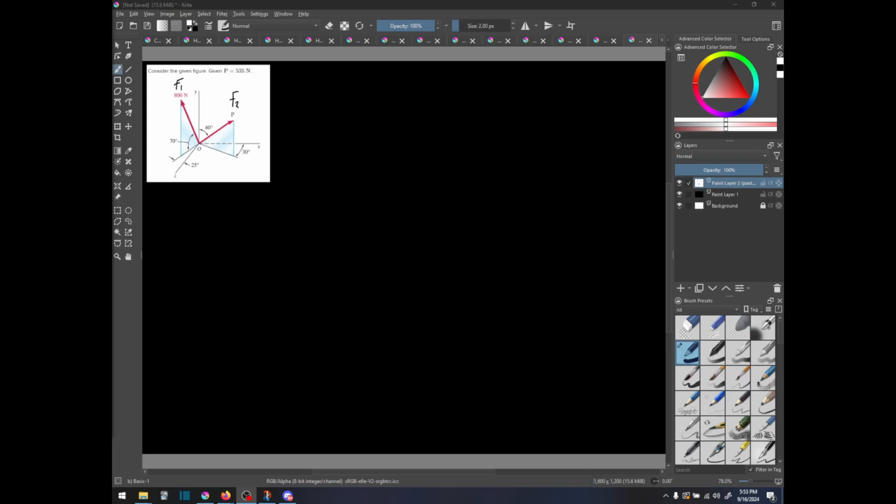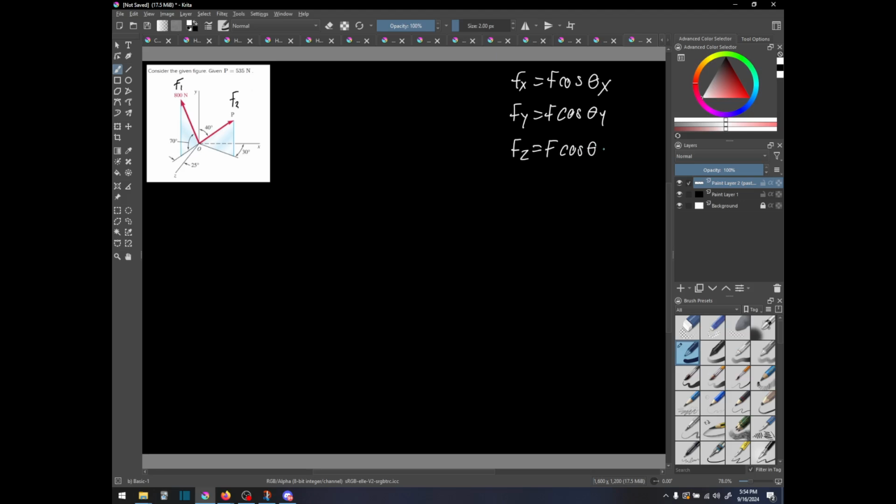Okay, looking into the notes, this is a very odd way of expressing a vector. It's the only one I've seen so far like this, but I do have a little bit of a cheat sheet that tells me that F of x equals F cosine theta x, and F of y equals F cosine theta y, and lastly F of z equals F cosine theta z.